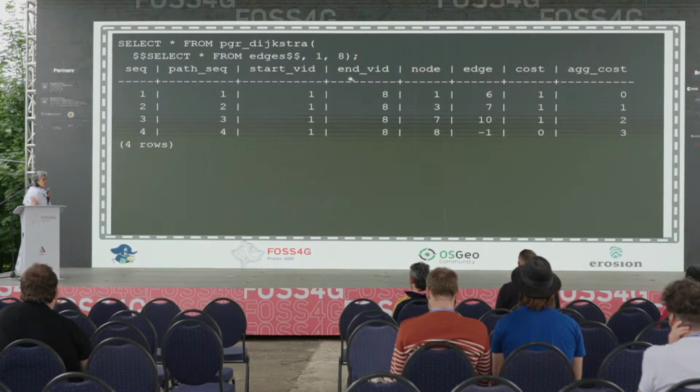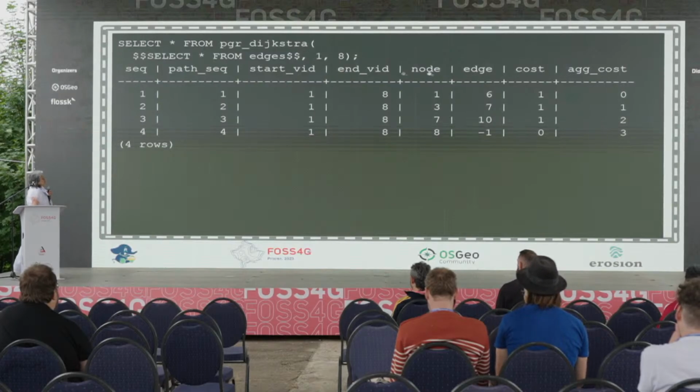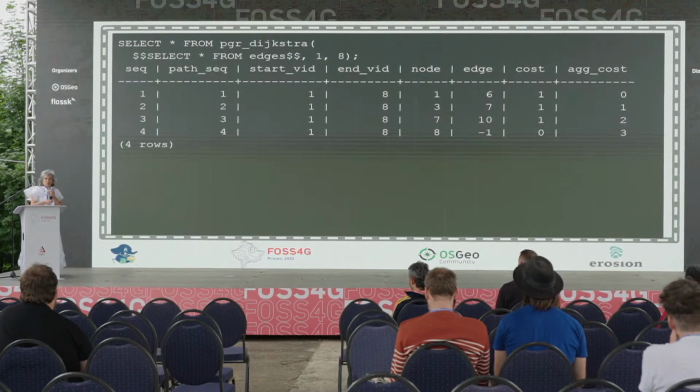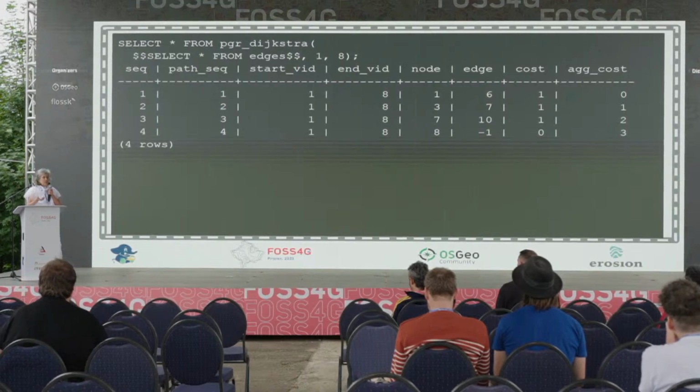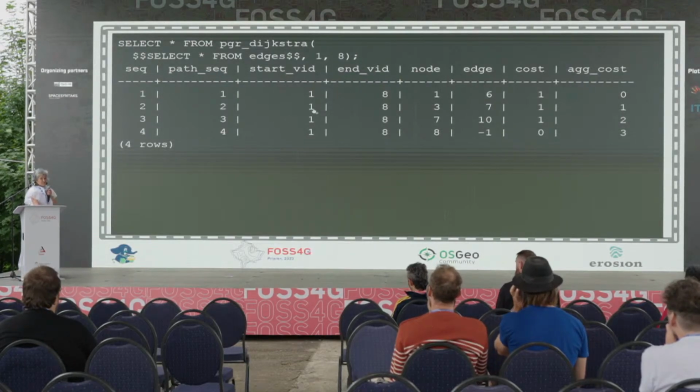The many-to-many function and the combination ones have all these columns, but the one-to-one does not have start_vid and end_vid, because in theory the person that is coding is saying, well, I'm going from vertex 1 to vertex 3, I'm remembering it. But in reality that's not happening, so we're returning that column now.